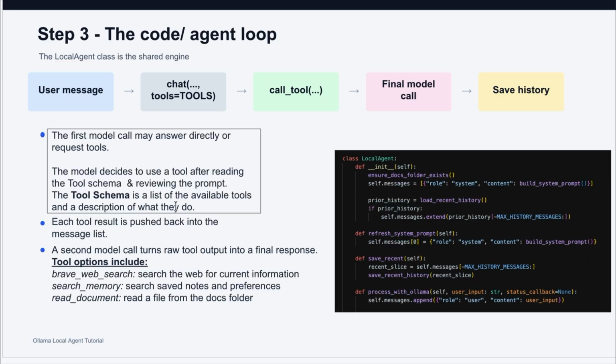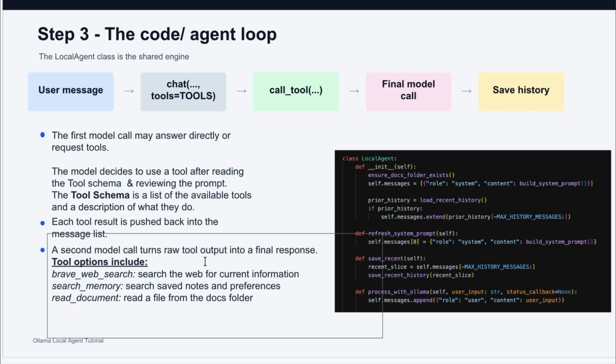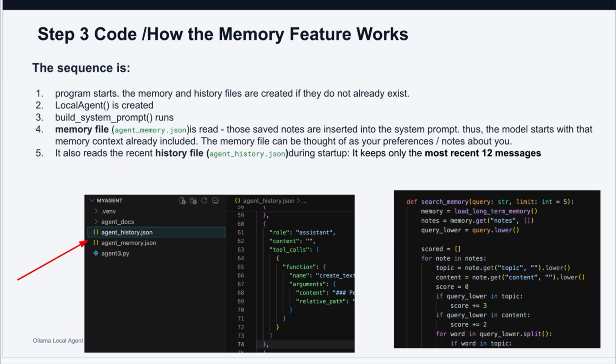And so the way it works is the agent looks at the prompt and the tool schema and decides whether it should use one of the tools. If it does, it will go ahead and use the tools. And if it doesn't, it will just go ahead and give a standard model response. Hopefully that makes sense.